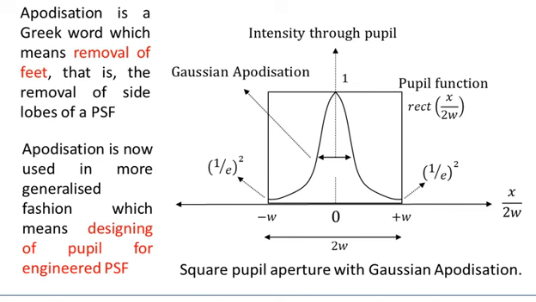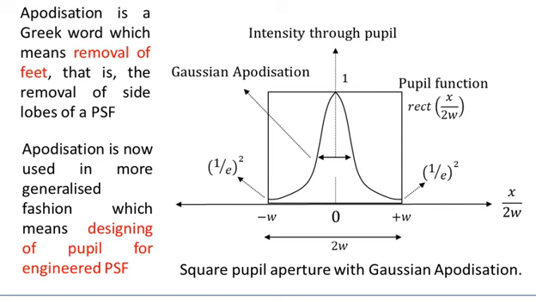It is defined in a rectangular aperture given by rect of x over 2w, because this rect has a magnitude equal to 1 at the center. So rect of x over 2w means that the rect is equal to 1 in a width of 2w.